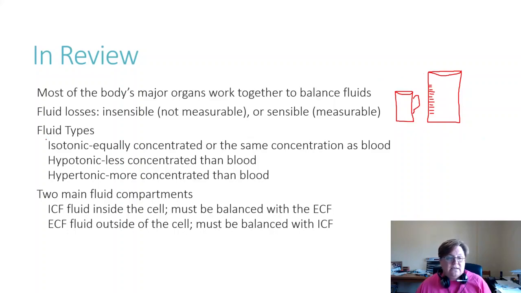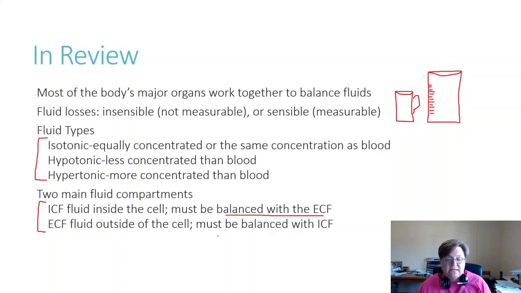It's important that you know what the fluid types are and that you understand how they work in the body's systems. And then two main fluid compartments that are included in your student handout, but that we didn't really talk about in detail. ICF, or intracellular fluid, is the fluid inside the cell, and it needs to be balanced with the ECF. The ECF is the extracellular fluid, or the fluid outside the cell.